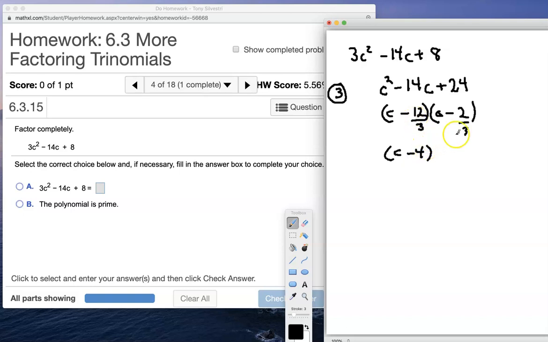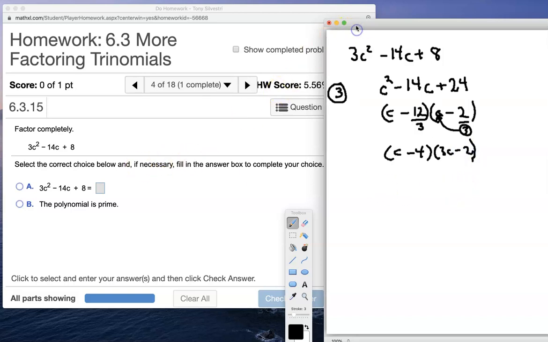Okay, that's simplified. 2 over 3 cannot be simplified. So if you still have fractions after you simplify it, what you're going to do is take the denominator of that fraction, put it in front of the variable c, and say 3c minus 2, and you know what? There's your answer.